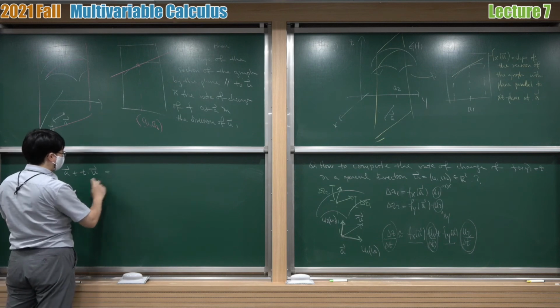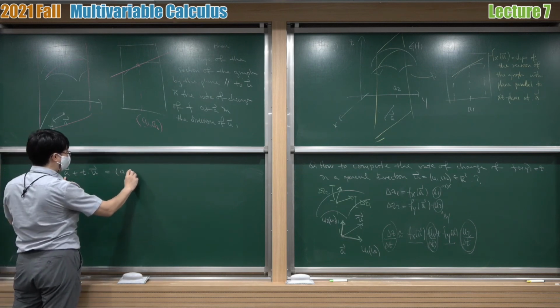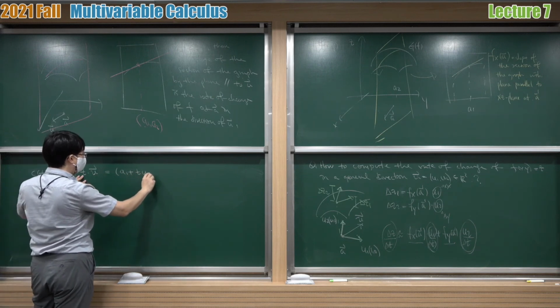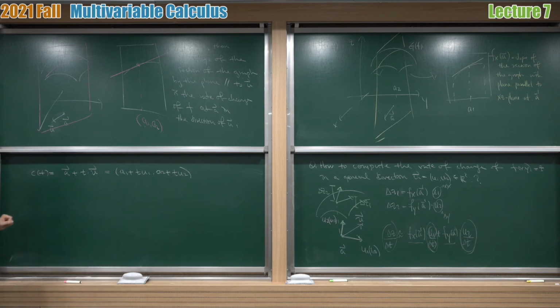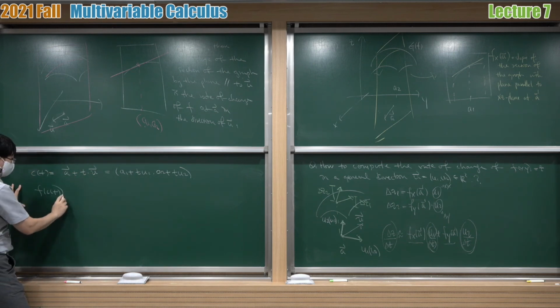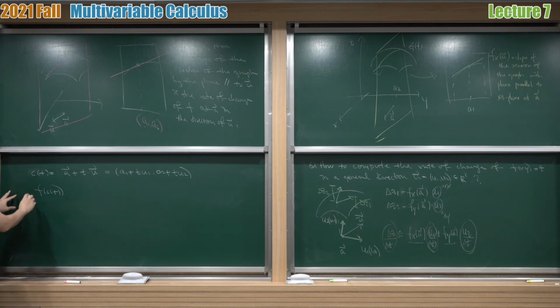For example, it can be a1 plus tu1 and a2 plus tu2. Now, I want to see how it changes the function, so I have to put c(t) inside of f to see the change of value of f. So this is my d(t).